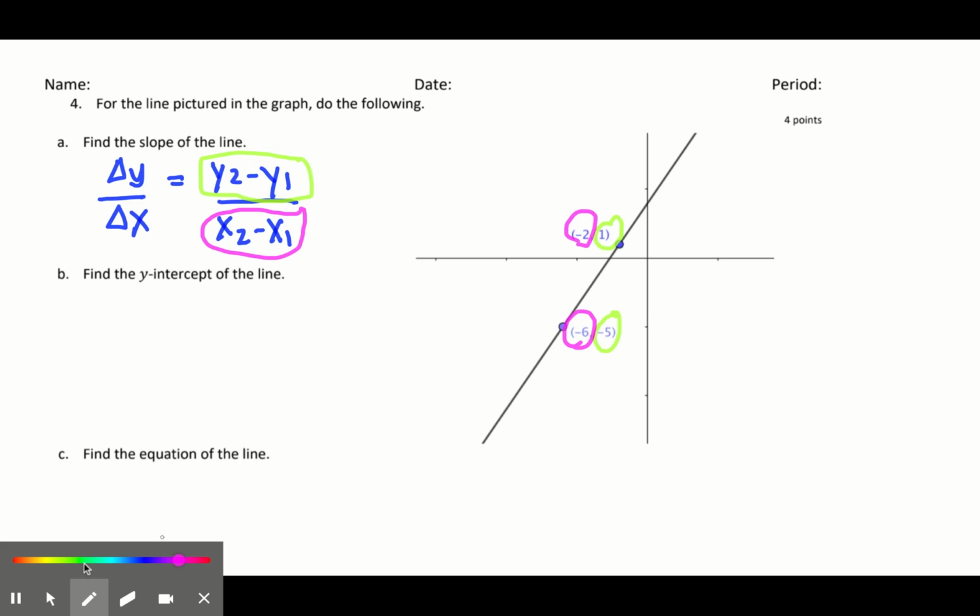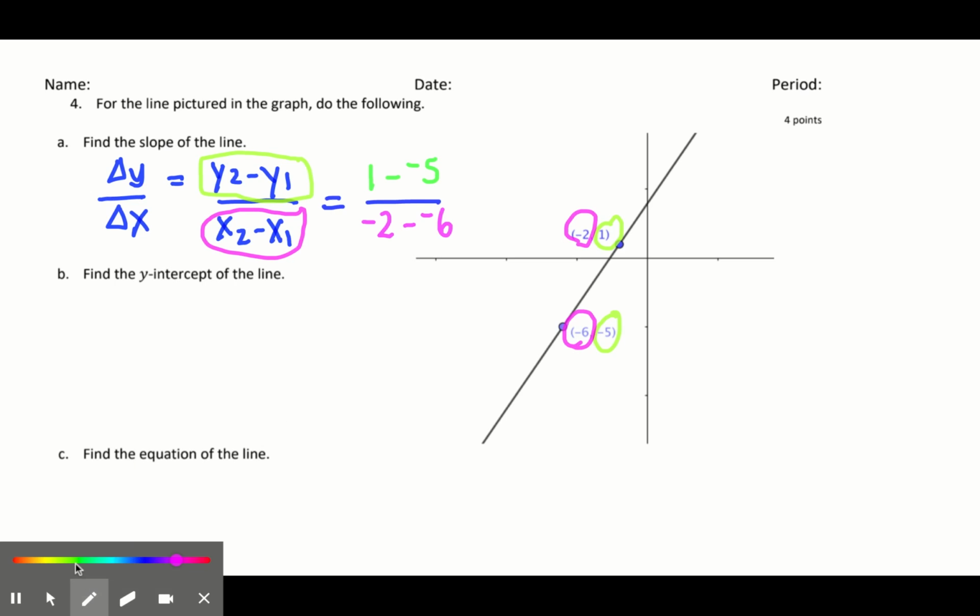So then, for the y's here, it'll be 1 minus -5. And then for the x's, it's -2 minus -6.